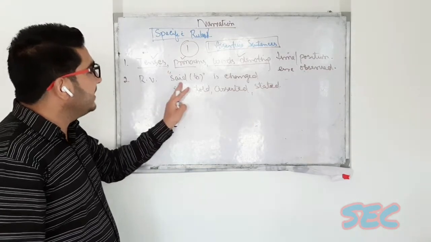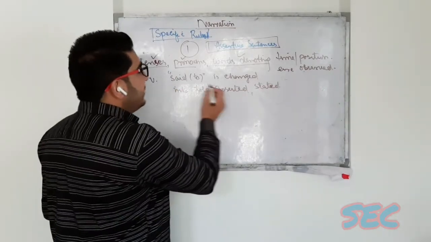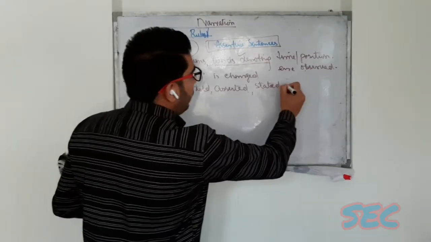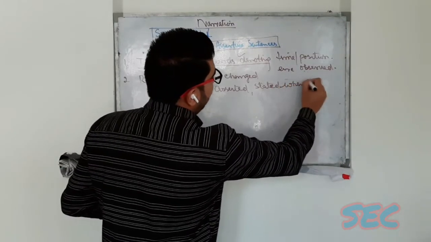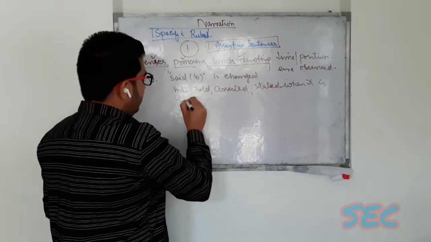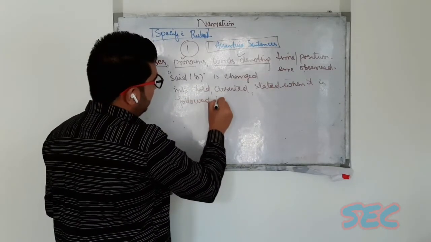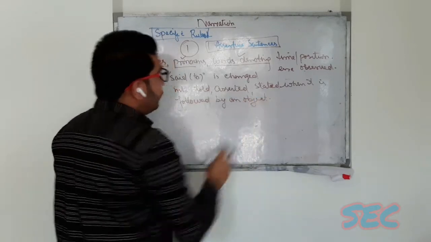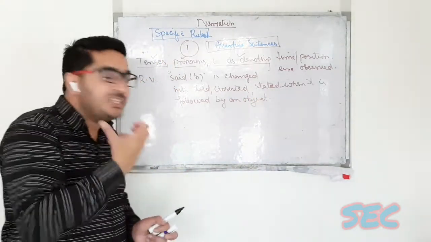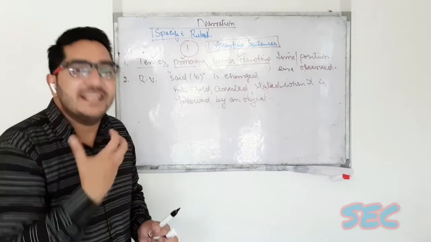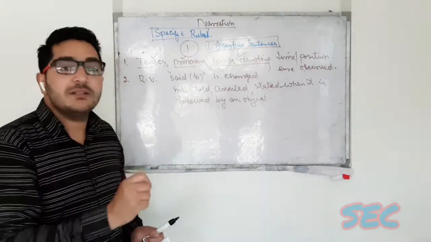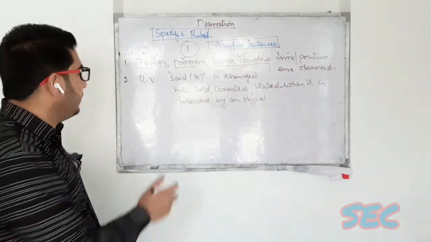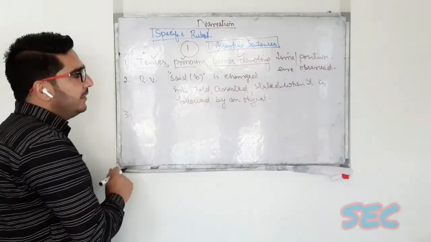But one thing is very necessary. This said to is changed into told, asserted and stated when it is followed by an object. So said changes into told, asserted, stated, but the condition is when it is followed by an object. This is rule number second.